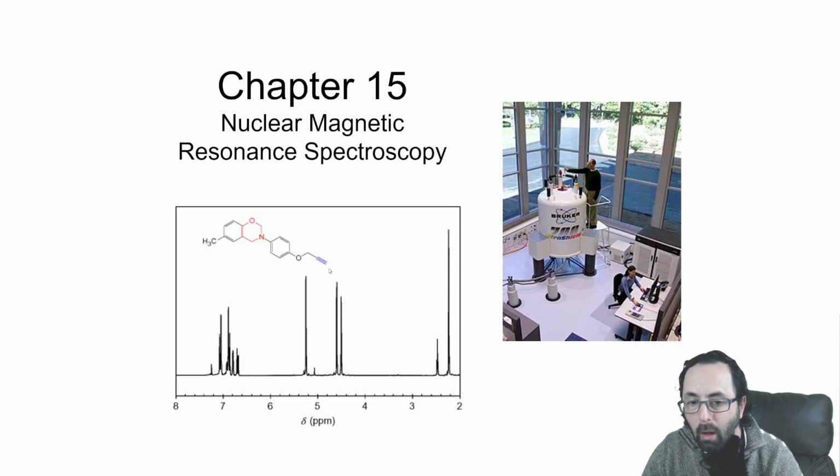Certain hydrogen atoms, when you do a nuclear magnetic resonance spectrum, will have a certain so-called chemical shift in ppm. And these will be things that you're going to have to memorize when you're preparing for the ACS exam. But you don't have to memorize them in isolation. It's better to understand where they come from.